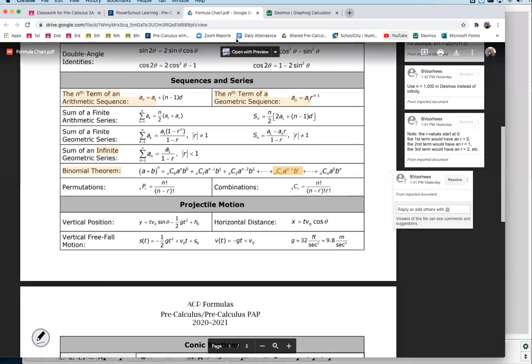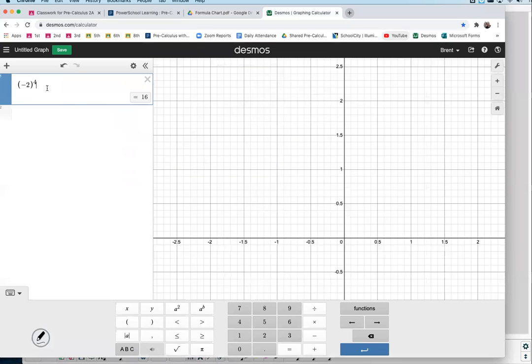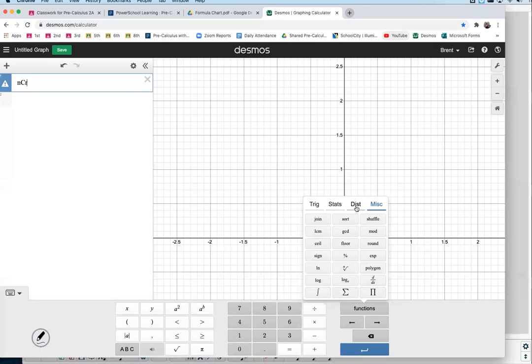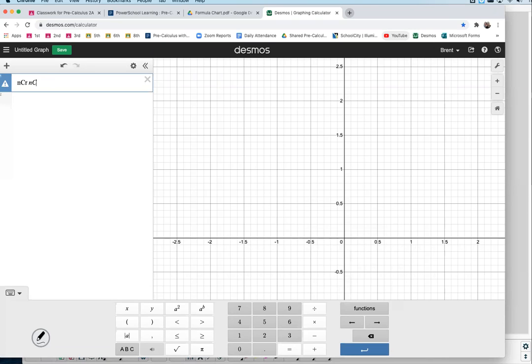So I'm going to go to Desmos now. So this is doing it without the triangle. And I know I went slower so far, but you'll actually be able to do this pretty fast as you go on. As long as you type a capital C, you can just type in nCr. You can also go to functions and then stats. And nCr is there in functions and stats as well. So what I was telling you is we'll always have 3 parentheses like that.